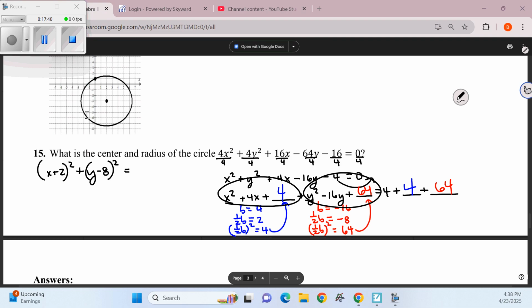And on the right-hand side, we have 4 plus 4 plus 64, which should be 72. This means that we are centered at negative 2, 8. And our radius is equal to the square root of 72, which, if we were to break this down, 36 times 2, pulling out the square root of 36, we'd end up with 6 square roots of 2.